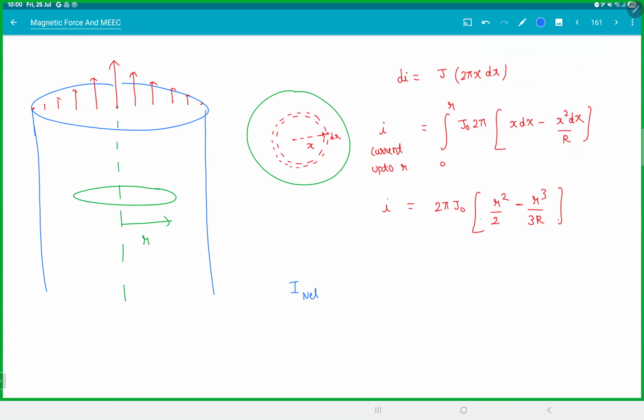The net current, the total, will be when r is equal to capital R. When you keep r equal to capital R, that will become pi J naught R square by 3. That is your total current flowing in the cylinder. Clear with this? That's the total current in the cylinder.